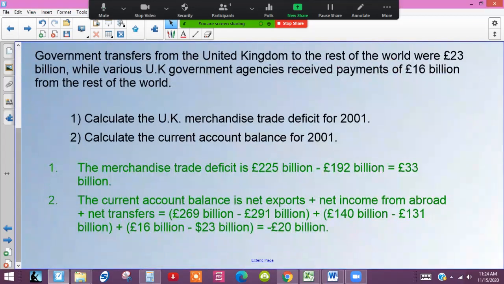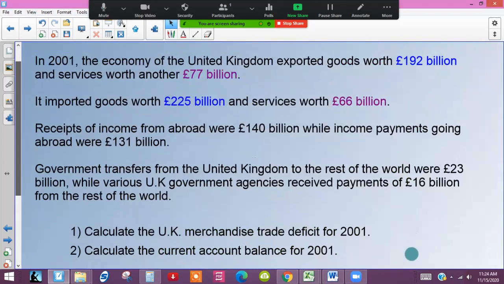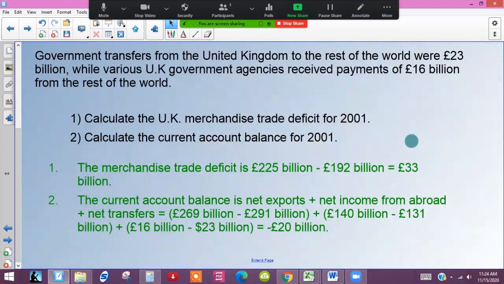So that's what we used right there. And then we subtracted and got our net exports. This is simple math, so I'm not going to bore you with showing you this easy math. Just as long as you set it up like you see right here, then you'll get the correct answer.